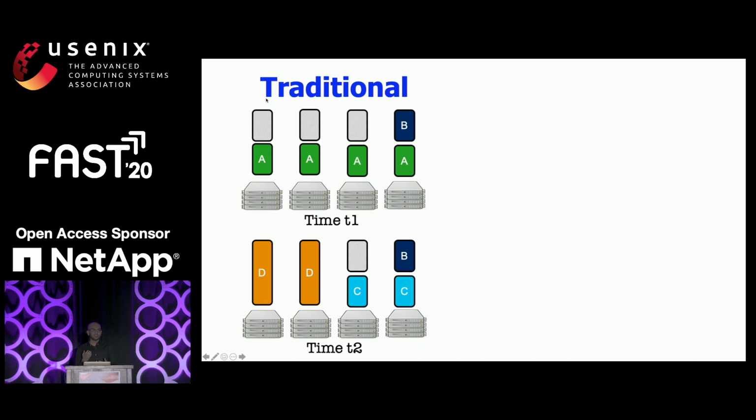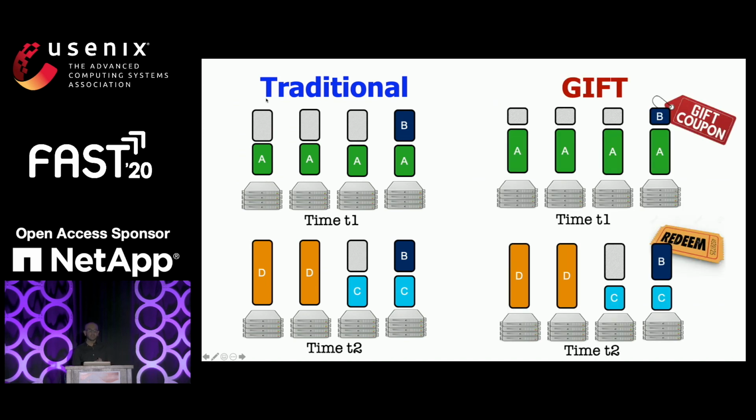A simple scenario at time T1 would be to give 0% of the bandwidth to application B, so A would have all the bandwidth and we would have 0 bandwidth wastage. But that would be extremely unfair to B, which is why with GIFT, we do this coupon-based throttling and reward approach. At time T1, we would throttle application B, let's say by 25%, and we would issue a coupon to application B for that amount.